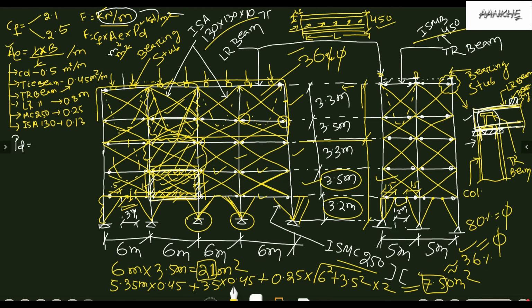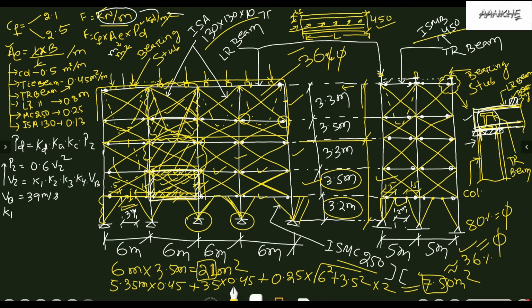And to find out Pd, you already know that Pd is nothing but Kd into Ka into Kc into Pz, where Pz is 0.6 Vz square and Vz is Vb, K1, K2, K3, K4. So if we go back to the calculation, Vb I have already given you, 39 meter per second.